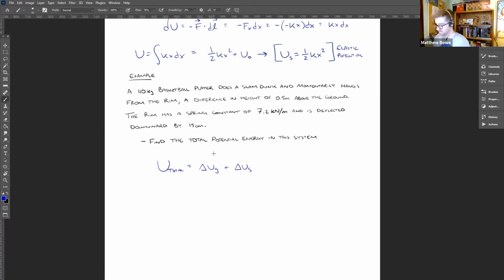So we have this change in potential energy. Let me write this out a bit more in full: the gravitational final minus the gravitational initial, plus the elastic final minus the elastic initial.